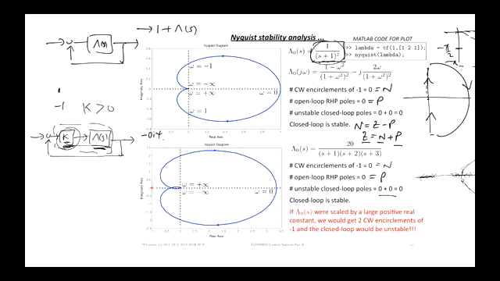Now, for this function here, this is the Nyquist plot that you get. It's good to think of where you start. So let's think of starting at low frequency. What would you expect the phase of this to be at low frequency? Well, it's 2 stable poles, so you'd expect the phase to be close to 0.